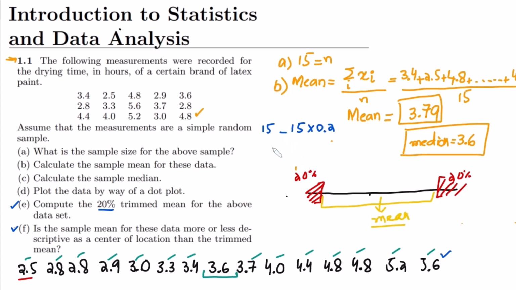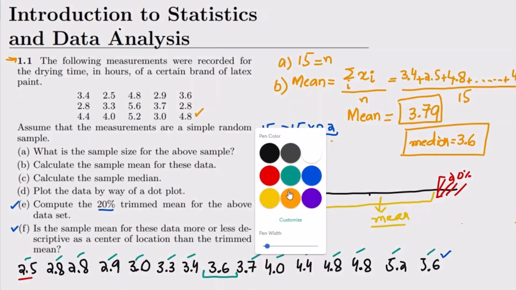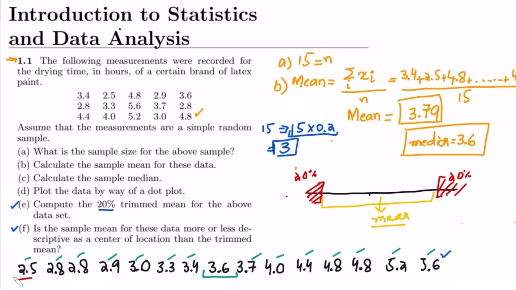So 15 into 0.2 is 3, so we have to remove 3 numbers from the lower end, these are the 3 numbers from the lower end, and these are the 3 numbers from the upper end, and then we have to calculate the mean of it.